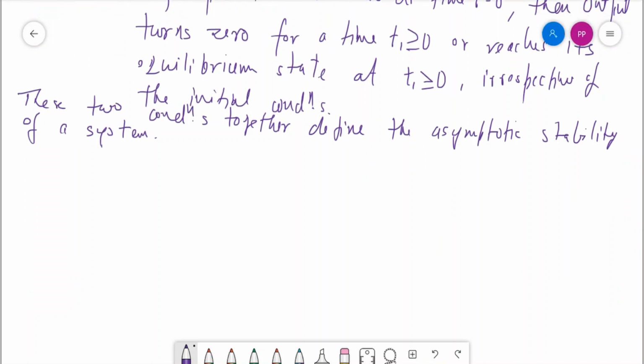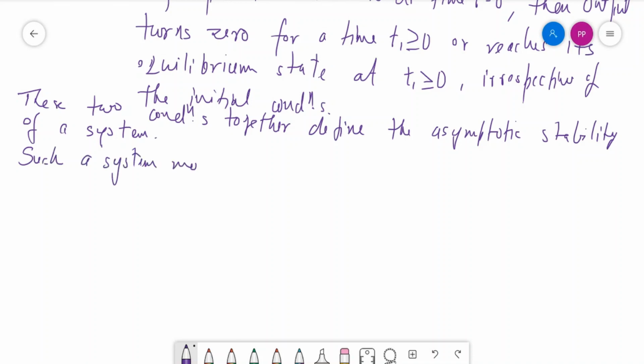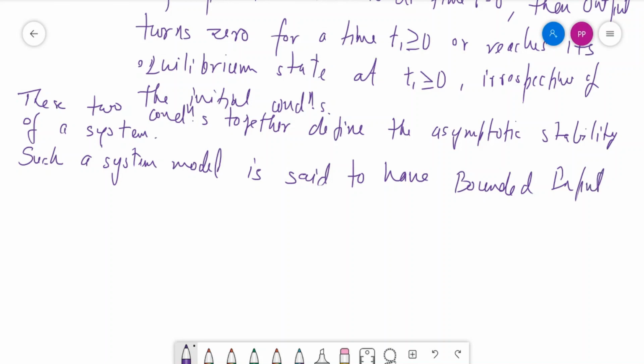So let me write it down. Such a system model is said to have bounded input, bounded output stability, BIBO stability.